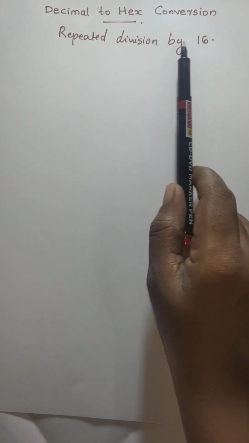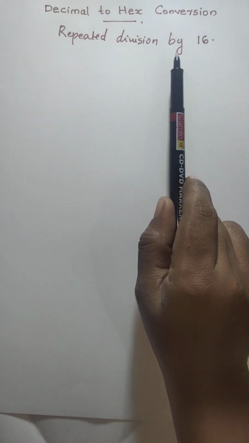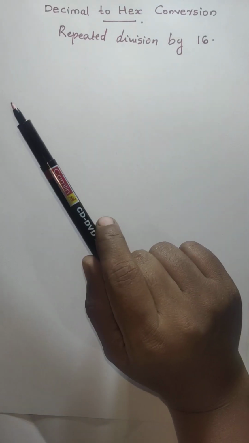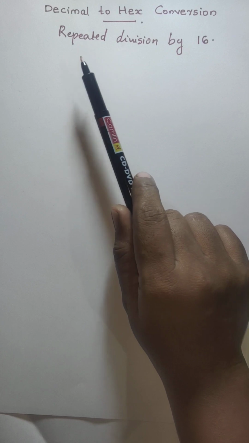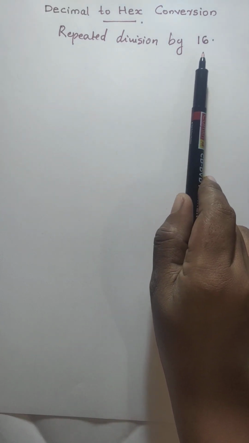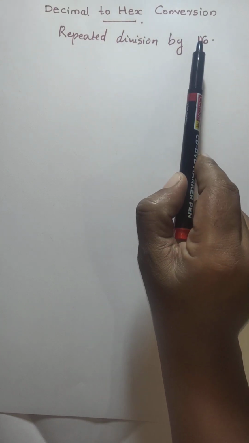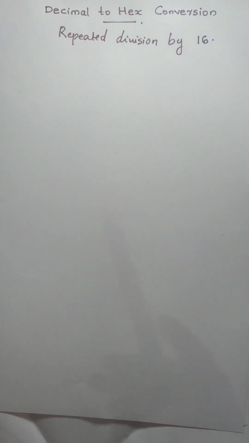The same process applies here, but the difference is repeated division by 16 instead of 8, because the base of hexadecimal is 16. Is it clear? Okay, so repeated division by 16.